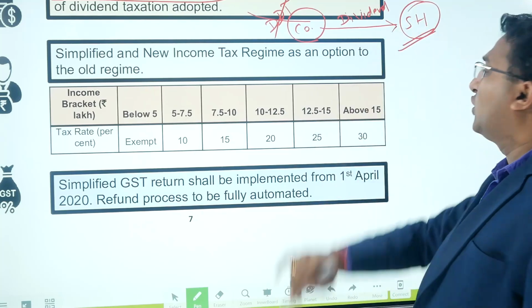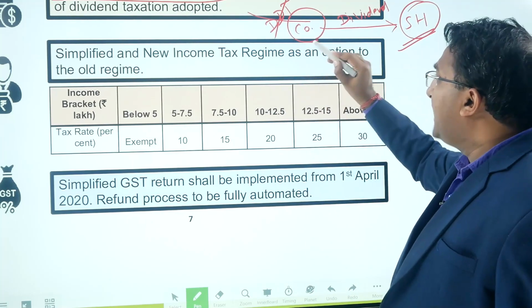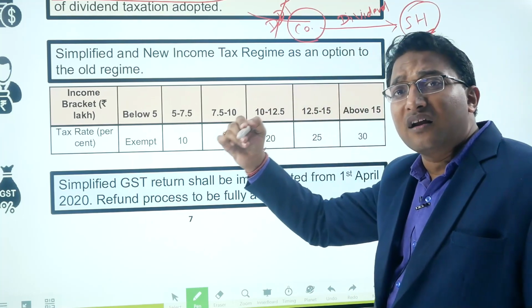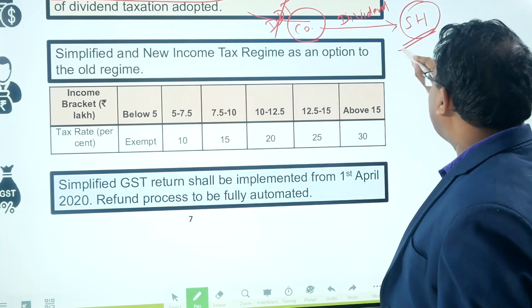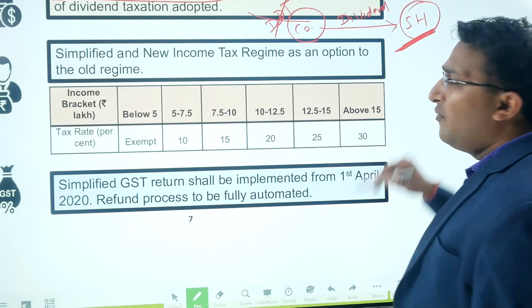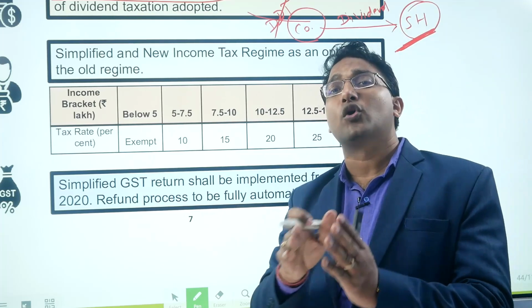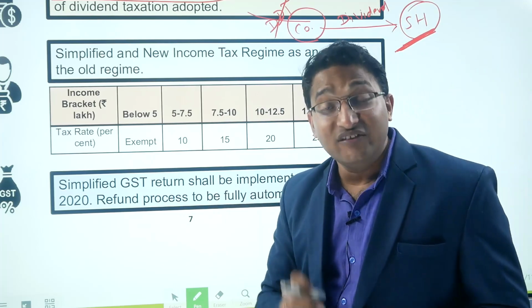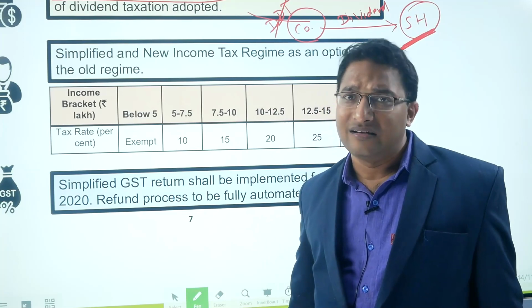What is the impact of this? The impact is that when it was DDT, then the company was mandatorily required to pay the tax. And now, as this is part of the income of the shareholder, the shareholder will be paying the tax only when the income of the shareholder is more than 2.5 lakh. If the income is less than 2.5 lakh, then the shareholder does not need to pay the dividend tax.